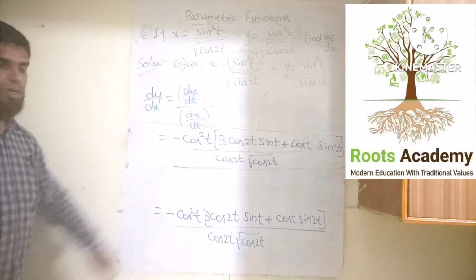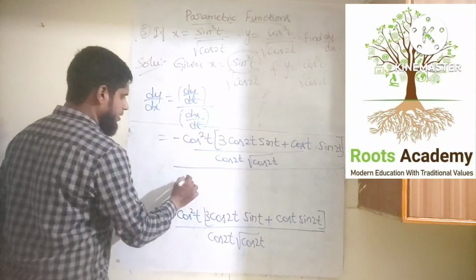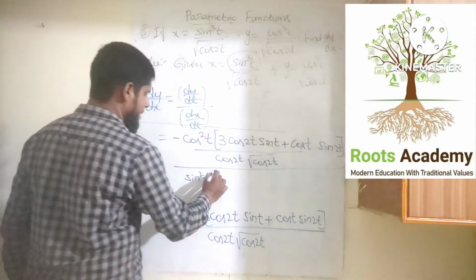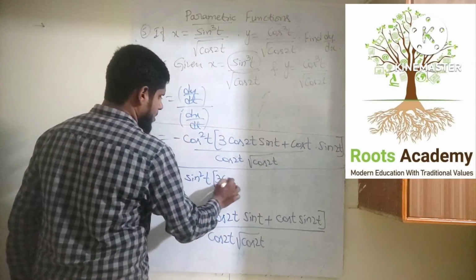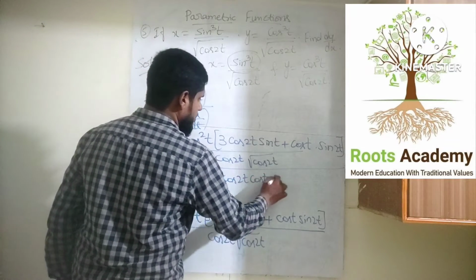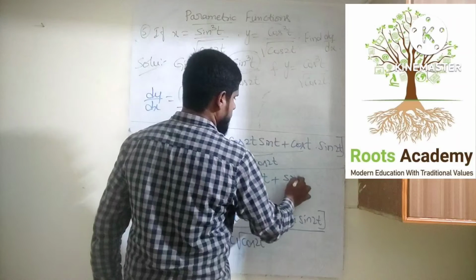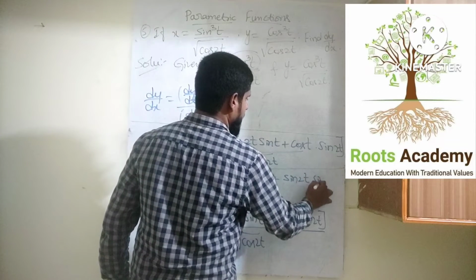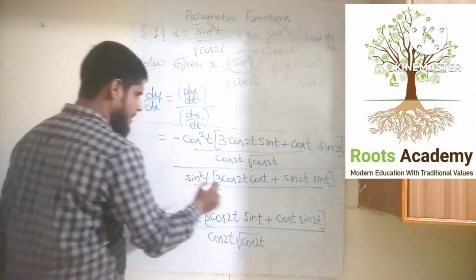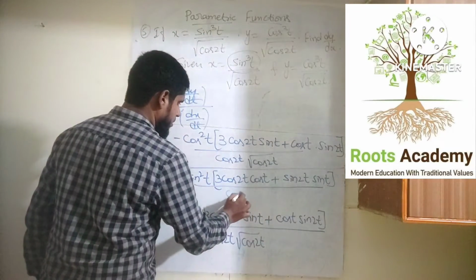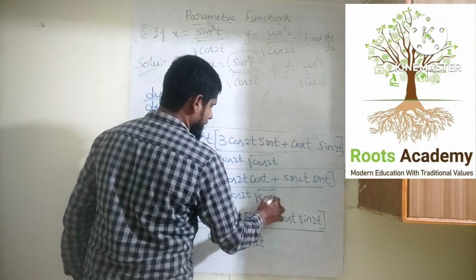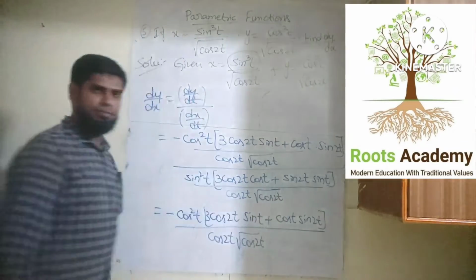I should substitute here. What is dx by dt? It is sin square t into 3 cos 2t into cos t plus sin 2t into sin t, divided by cos 2t into root cos 2t.